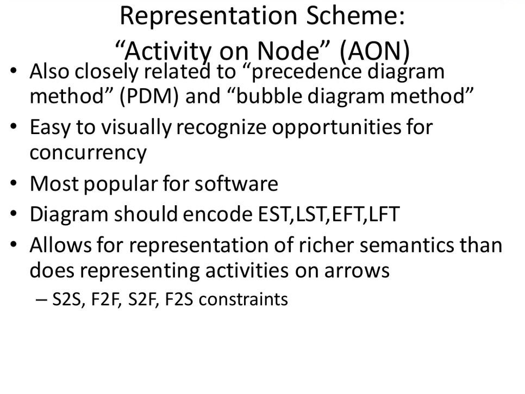So we're going to be talking here about activity on node representations, where these activities are associated with the nodes on the graph, and where the arrows are associated with dependencies. Okay. Now, if you go to professional project management software, things like Microsoft Project or Primavera Project Planner, which is an extremely popular product, you'll find that these types of arrows come in a variety of flavors.